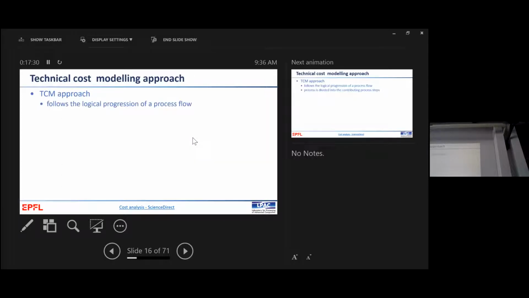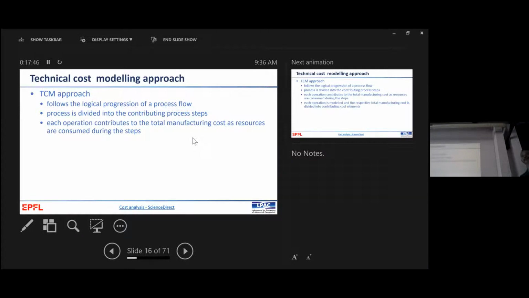So the approach of a cost model is to follow the progression of a process flow for your product. You might need to model different process flows to compare different strategies. So you divide the process into the contributing process steps, and each operation contributes to the cost as you consume resources.